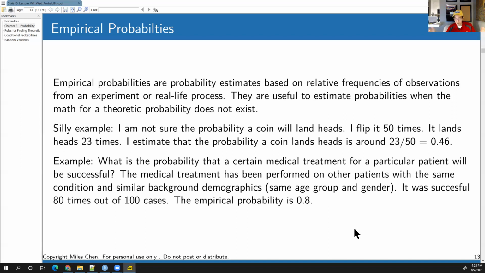Something that could be effective for one age group or one gender or one ethnic or racial group, just because there's a certain probability of success there, doesn't necessarily mean it's going to have the same effect for people in other demographic groups, okay?